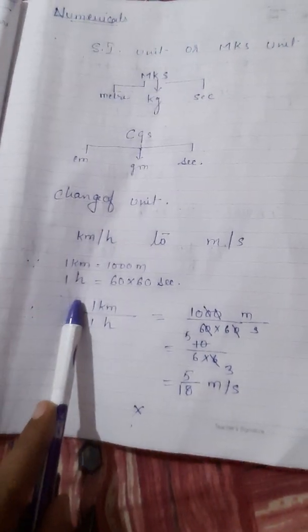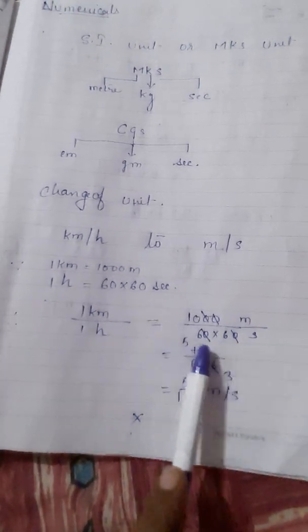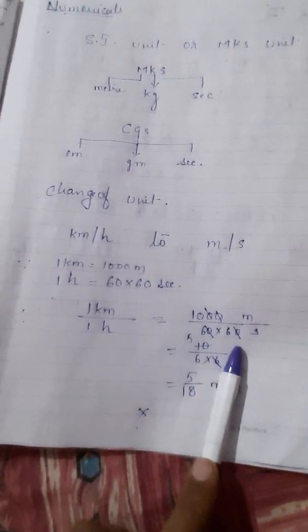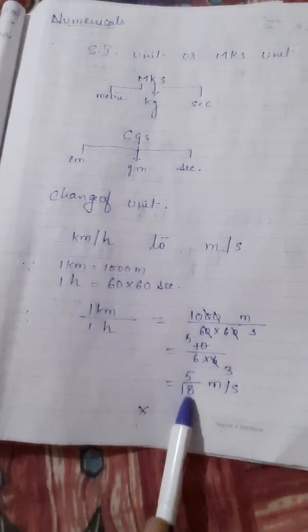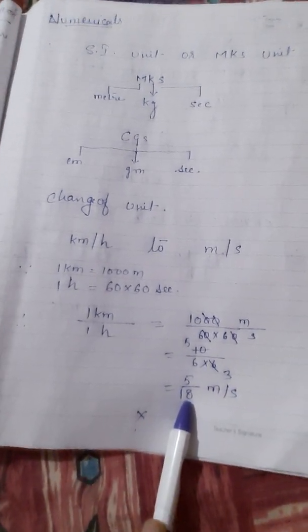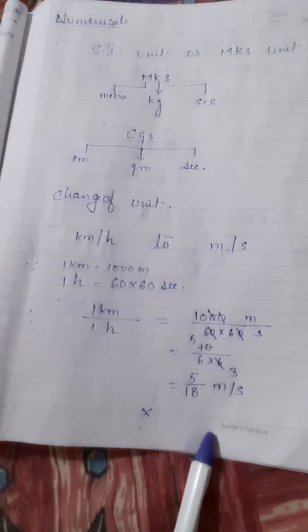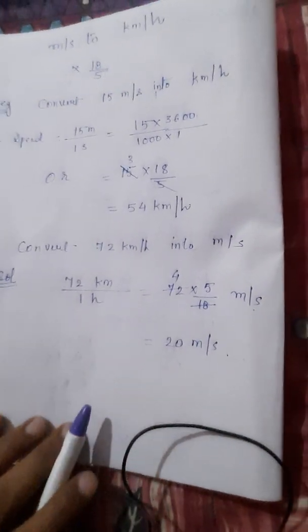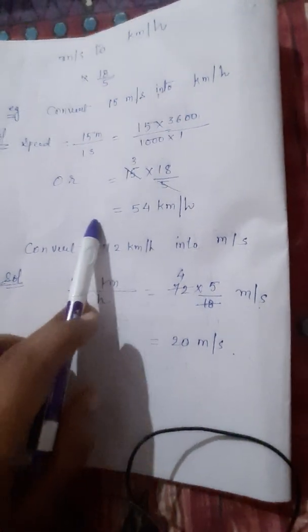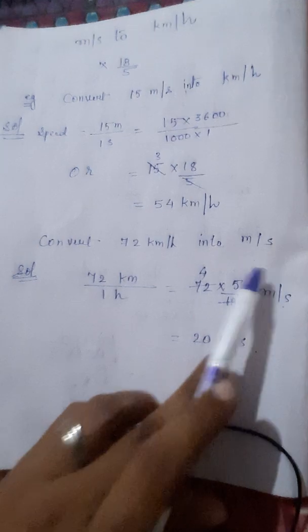We'll write 1000 meter in place of 1 kilometer and 60 into 60 seconds in place of 1 hour. On cancelling this, we will get 5 upon 18. So whenever we have to change the unit of velocity from kilometer per hour to meter per second, we will multiply by 5 by 18.